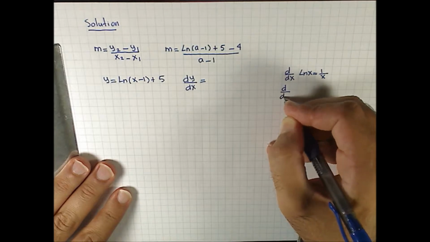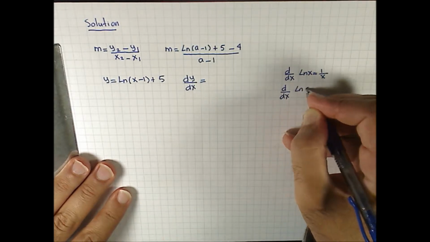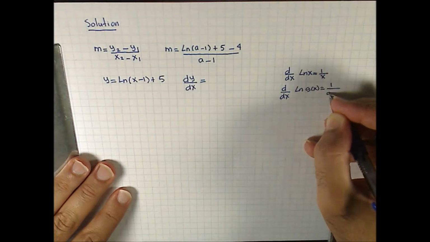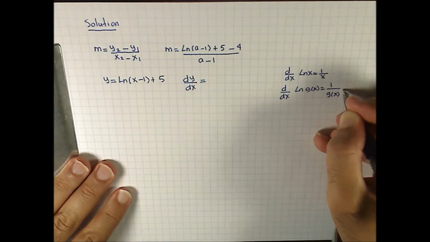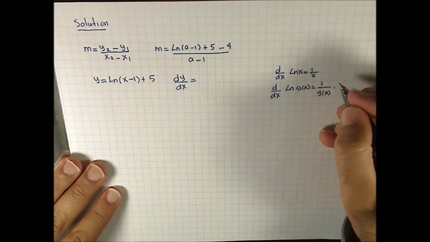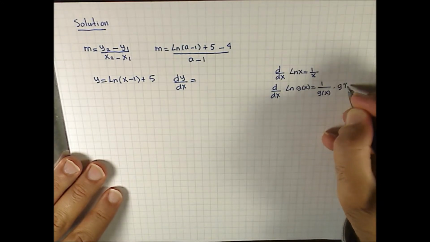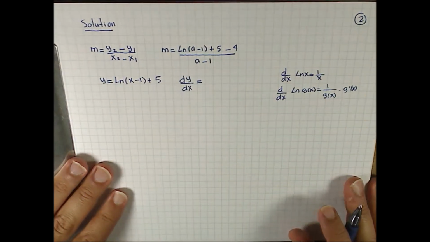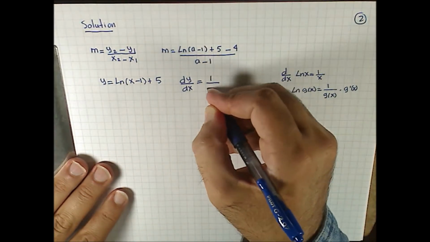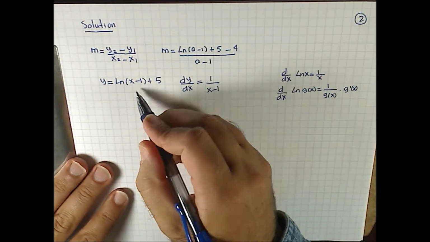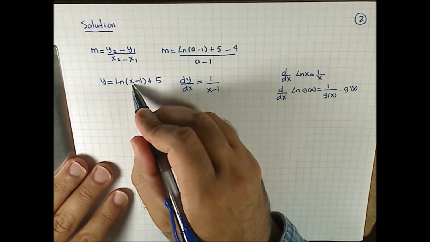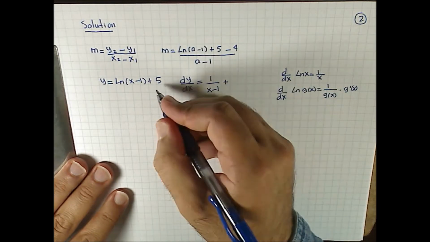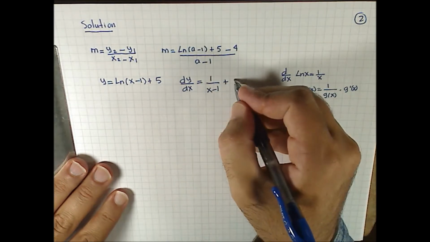Derivative of log of g of x is 1 over the inside, 1 over g of x, times the derivative of the inside, that's using the chain rule, that's g prime of x. So that's going to be 1 over the inside, 1 over x minus 1, and the derivative of x minus 1: derivative of x is 1, derivative of negative 1 is 0. Plus derivative of 5, that's just a constant, its derivative is 0.